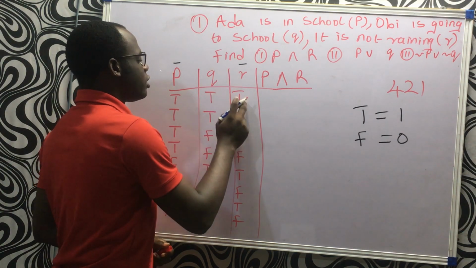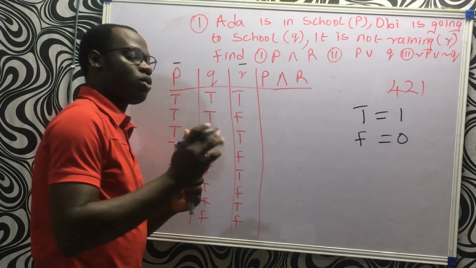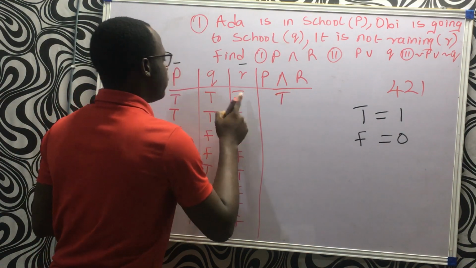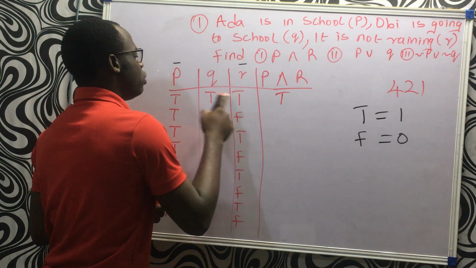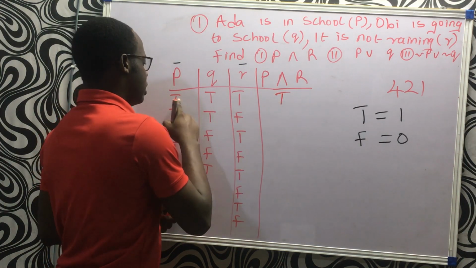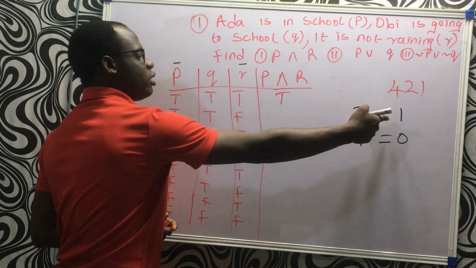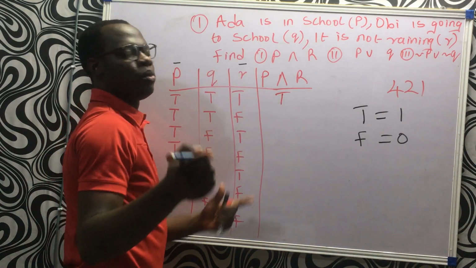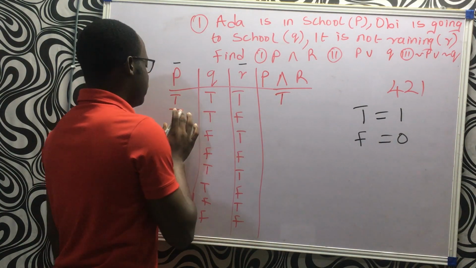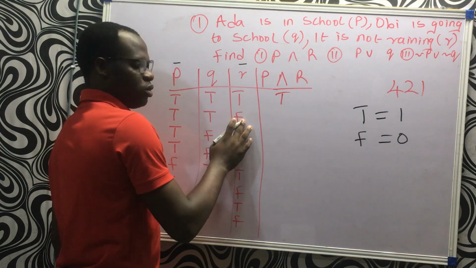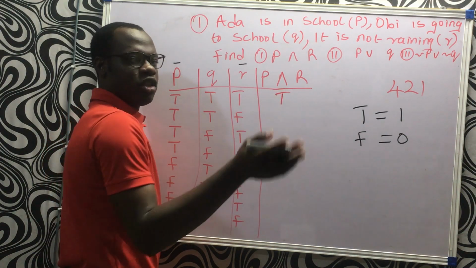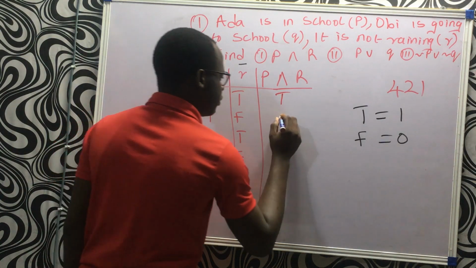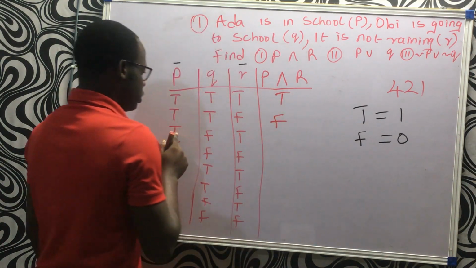So we have T and T. Remember, the outcome is true when all the inputs are true. Or you can say if this is 1 and this is 1, using the law of multiplication, 1 multiplied by 1 gives you 1, which is T. And if this is 1 and this is 0, 1 multiplied by 0 gives you 0, which is F. The same thing applies here.